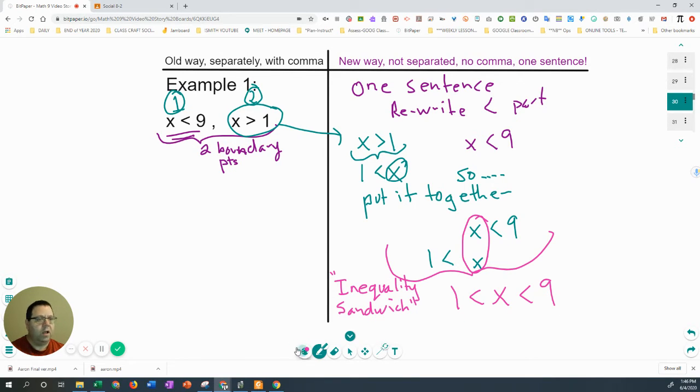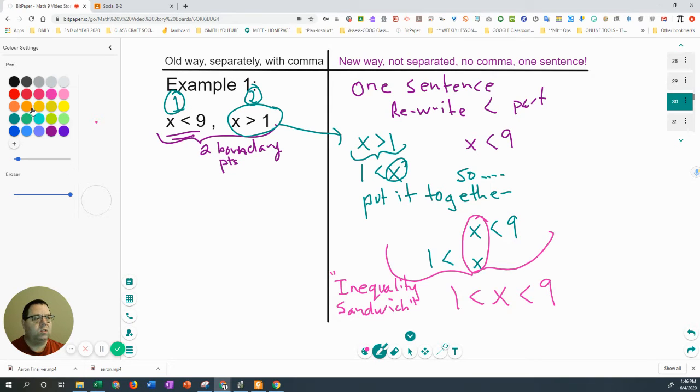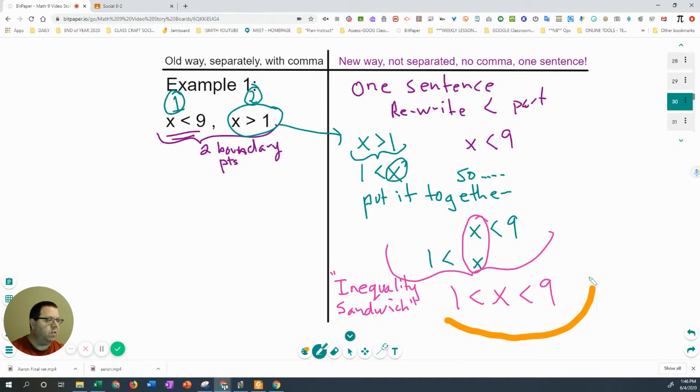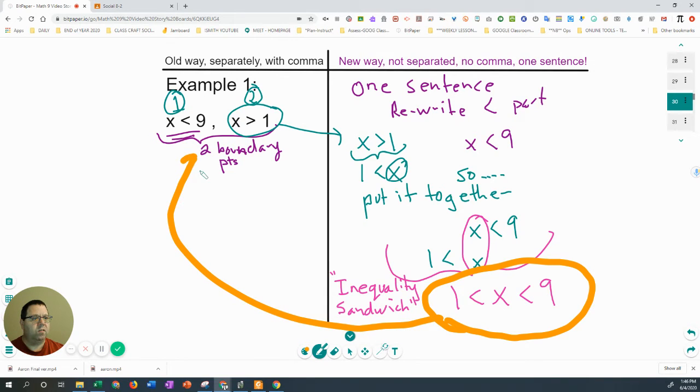Okay, so you can write that all together. Let's use orange here and let's make it nice and thick. So this is an easy way of writing this, right? You have two separate parts separated by a comma. Actually, you can just make one little inequality sandwich, one sentence.